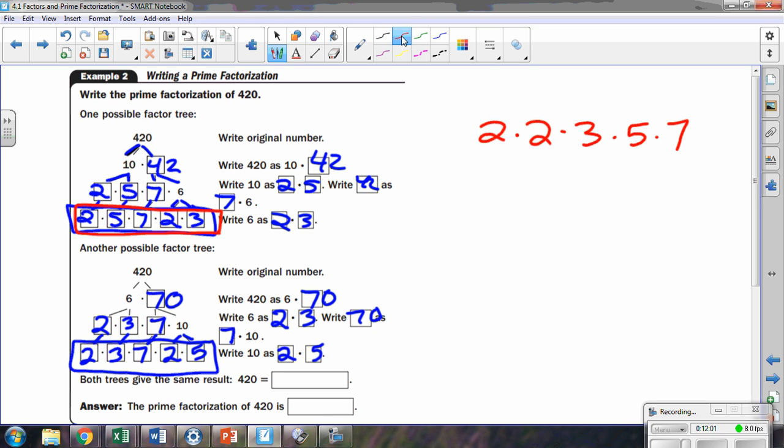You'll notice that if we take the same answer and start putting them out in order, 2, 2, 3, 5, 7. It matches exactly what we had before.